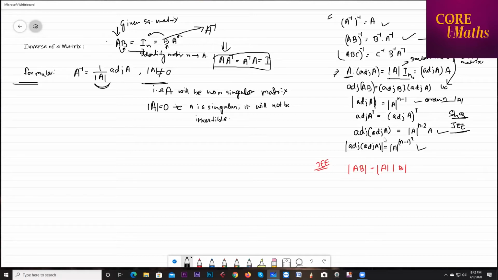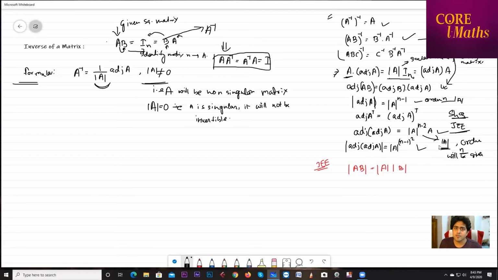Here, if A is given, you find adjoint of A, then again you find the adjoint of that. You can directly apply this property, and only two things are required in the question: determinant of A and the order N. You don't need the structure or the elements of the matrix.